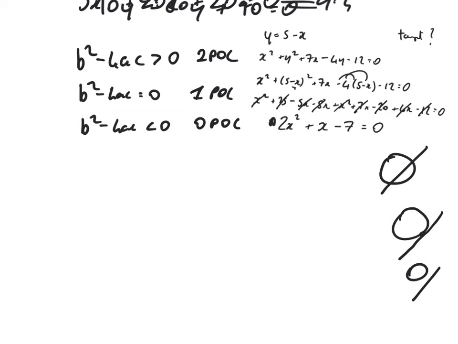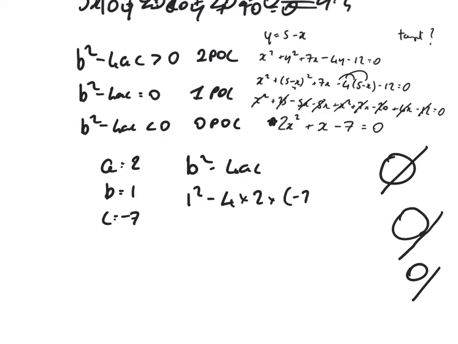Okay, looks like I'm going to struggle to factorise to get equal roots here, so let's just reinforce that with the discriminant. A is 2, b is 1, and c is minus 7. And b squared minus 4ac, that's going to be 1 squared minus 4 times 2 times minus 7. Minus 4 times 2 is minus 8, and minus 8 times minus 7 is plus 56.